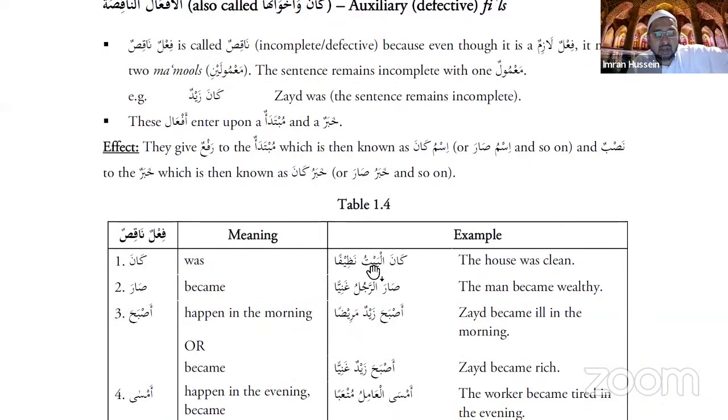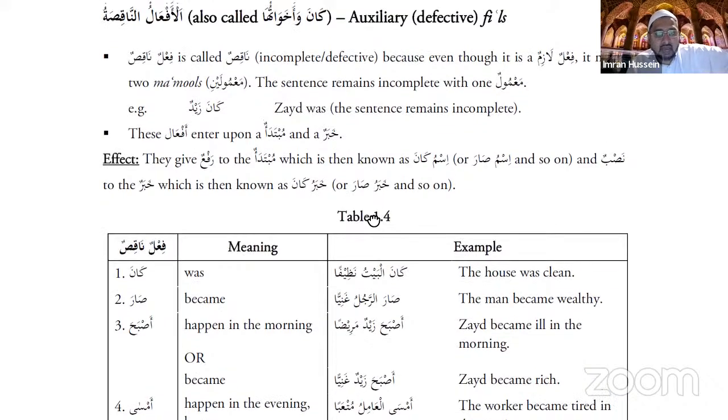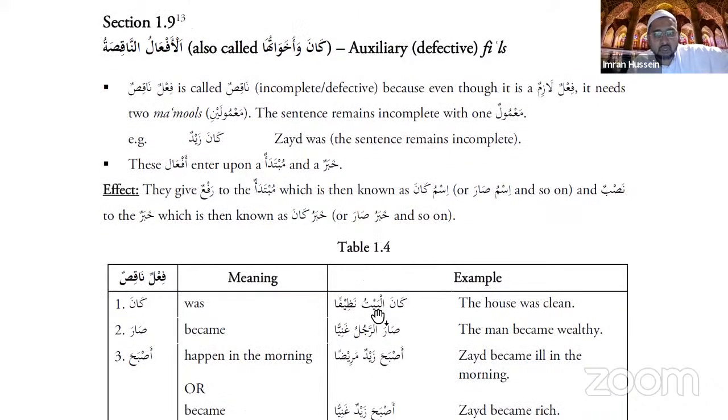So these two things, al-baytu nadhifun. Al-baytu is getting a dhamma because it's coming at the beginning of the sentence, and that is being acted on by the mubtada. The khabar itself is giving nadhifun the dhamma tanween.